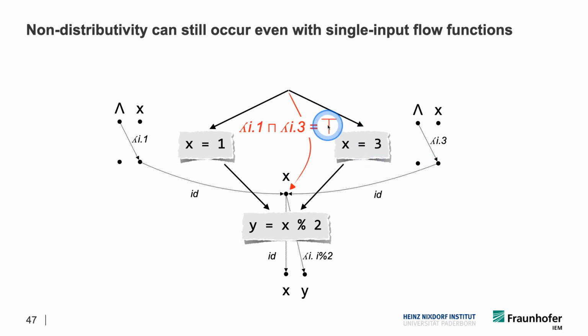Essentially we need to merge that to something like top, the function that maps I to top. And we now lose precision. Once this is top, we can apply this flow function, but the value is still going to stay top. So we will never again obtain the precise answer that y is definitely 1 after the statement.